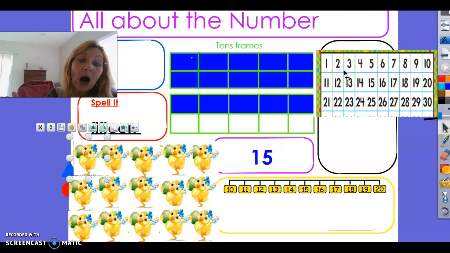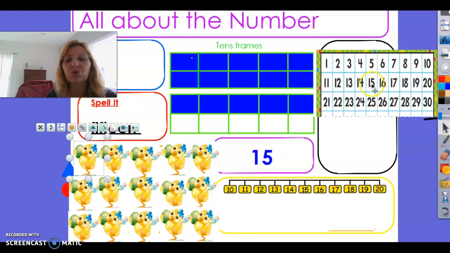Boys and girls, bring your eyes over here. You'll see I have part of a hundreds chart, only to 30, but I want you to find our number 15 on this chart. Go ahead, I'll give you a second to point to it and find it. Good job.